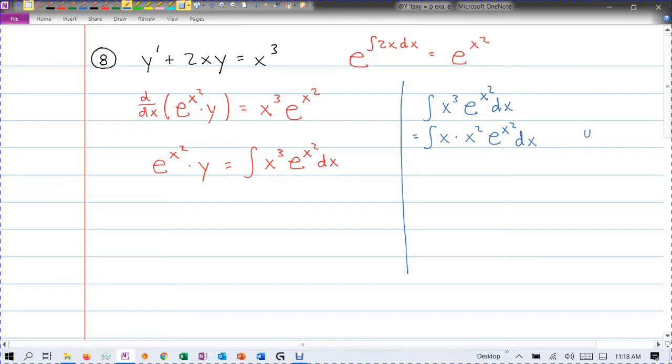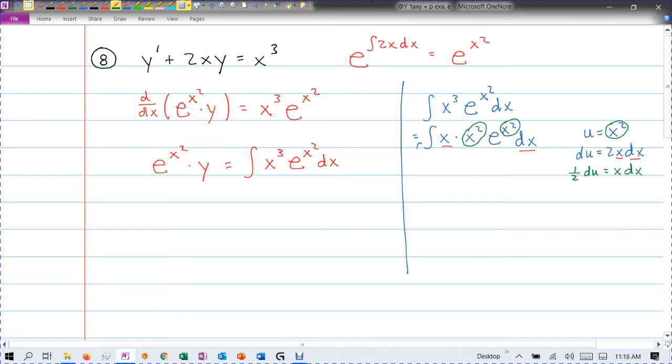And if we do that and make the substitution u as x², then du is 2x dx, and we have x dx. The x² can be replaced with u. We're just off by 2 here, so if I scale by half, we get that.